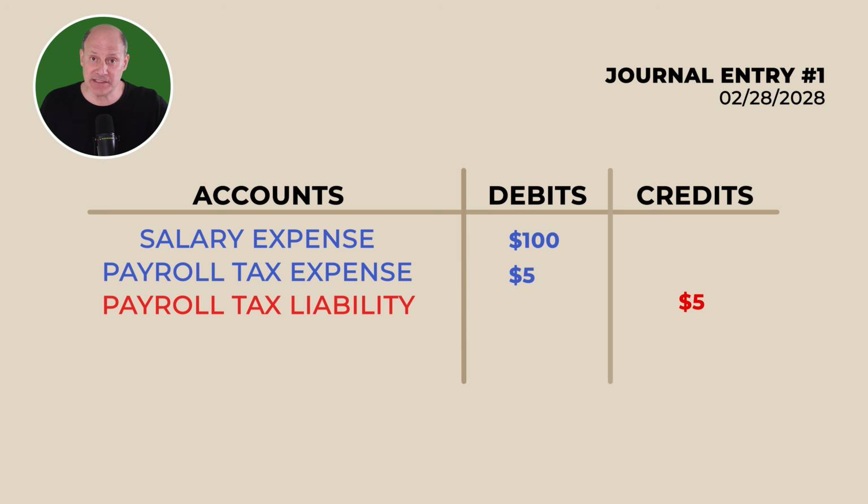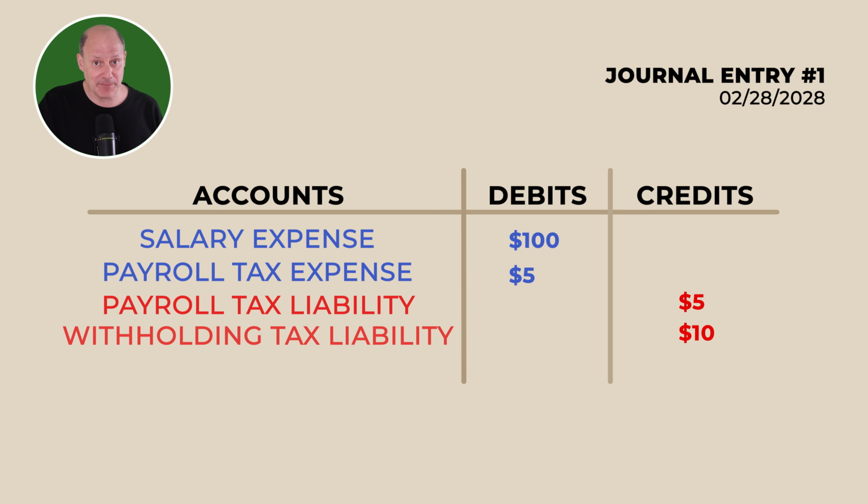So $5 goes into the expense account to show what we incurred, and $5 goes into the payroll tax liability account to show that we owe the money to the government at the moment we paid the worker. Now, what about the withholding tax? Well, of course, that's a liability. And if it's $10, we would then make a credit of $10 to the withholding liability account that represents what we owe the government for the amount that we withheld from the worker's check.